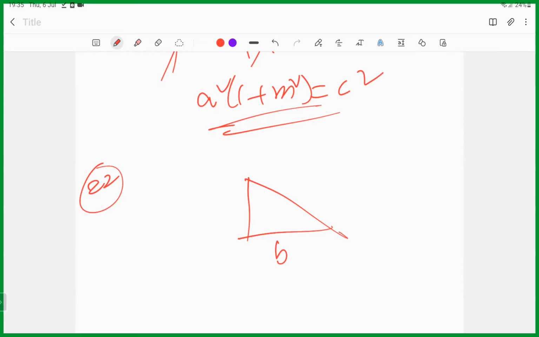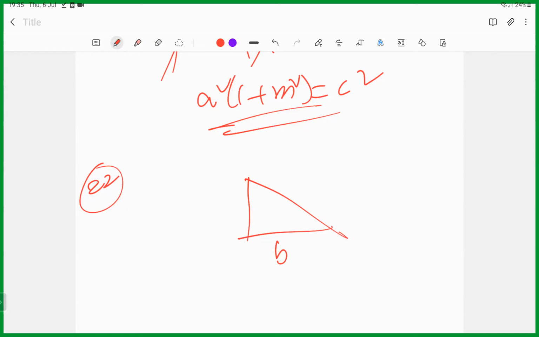Yeah, finally we use that only. The length of the hypotenuse of right angle triangle exceeds the length of the base, length of the altitude.